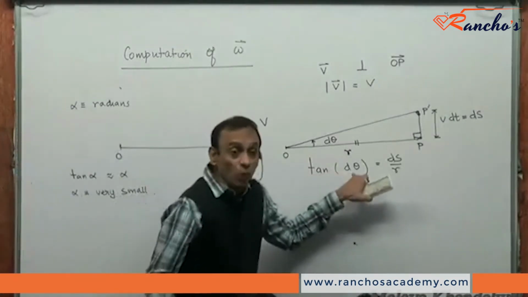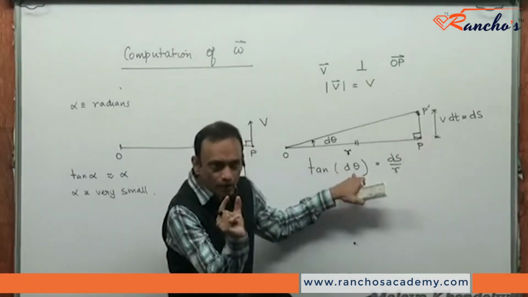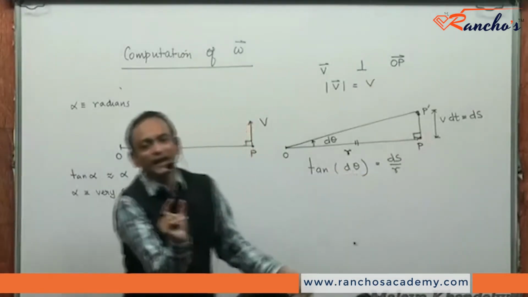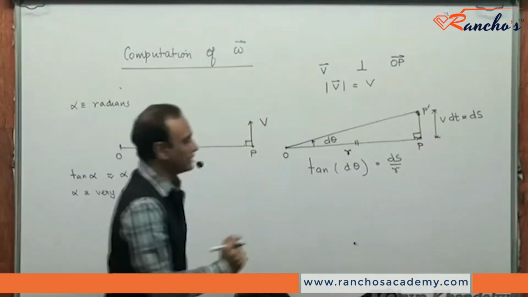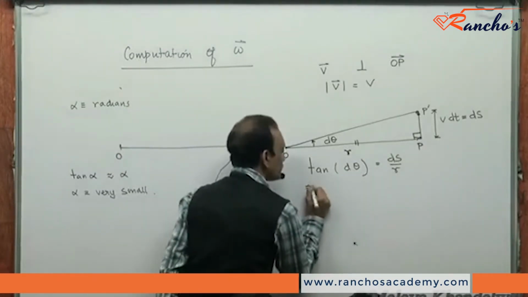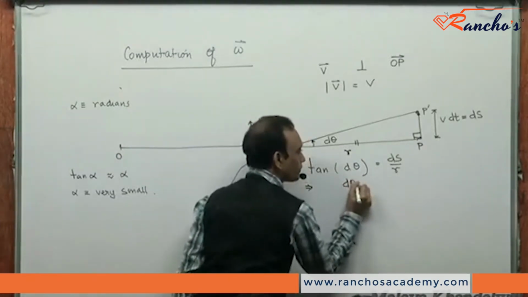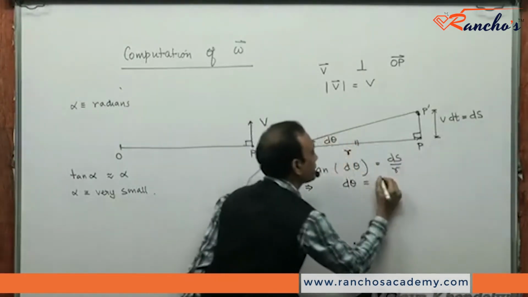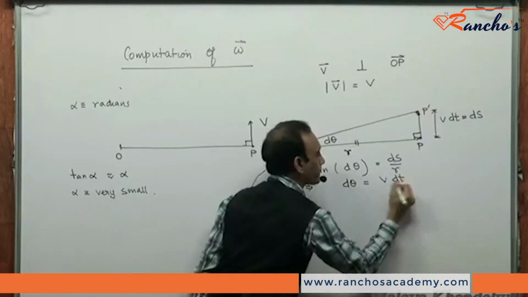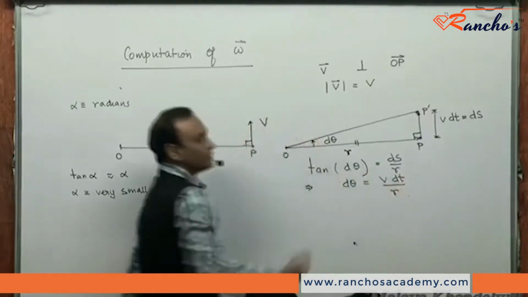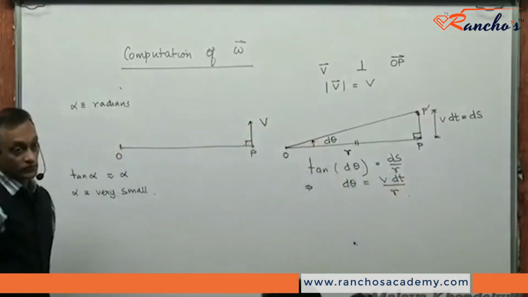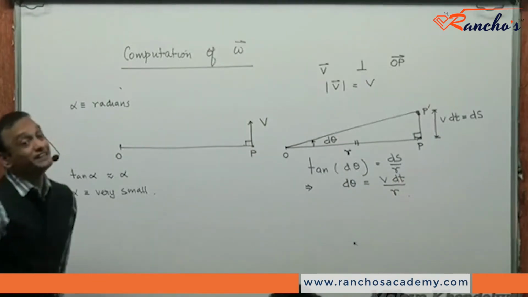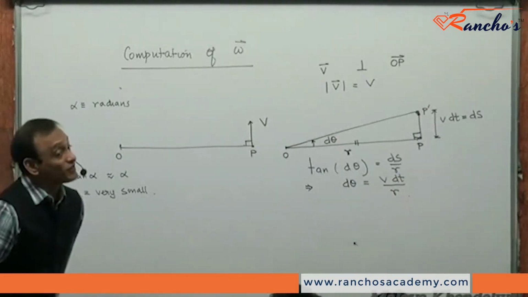So d theta is an infinitesimally small number. So tan of d theta will be d theta, right? So this would mean d theta equal to ds, which is v dt, divided by r. Yes or no?